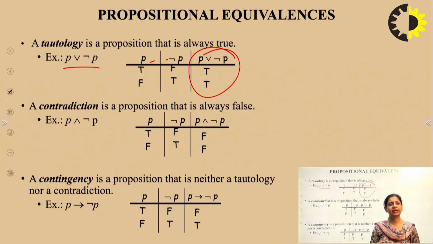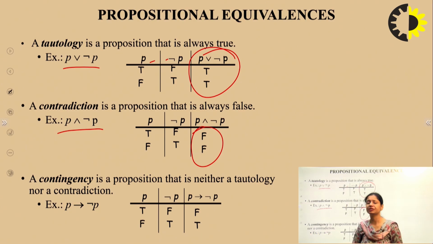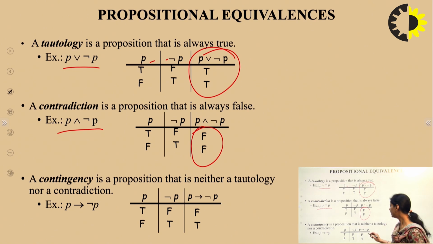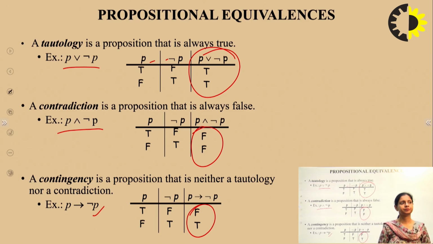Contradiction is when I get a fallacy, false in the result. All the values in the result are false, then it becomes a contradiction, like P and negation P. Contingency is neither a tautology nor a contradiction. So, we get any value that could be false or true in the result. That means it is not the whole of the true or the whole of the false. So, that is P implies the negation P.